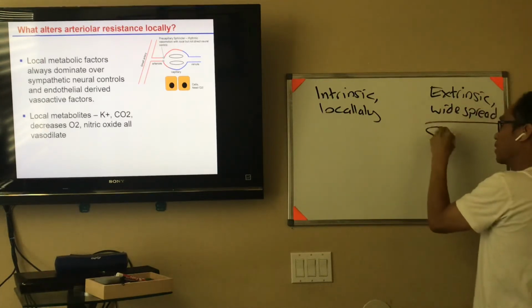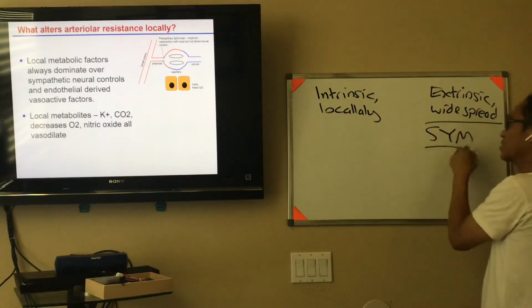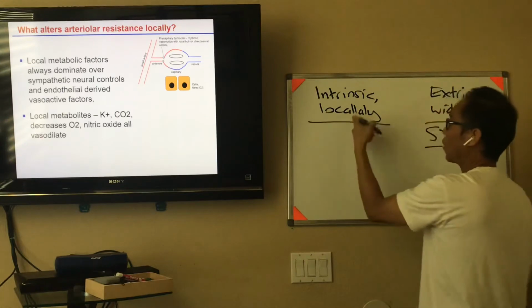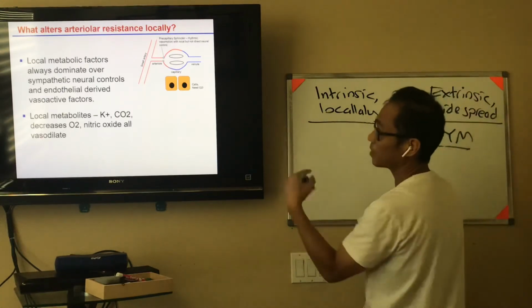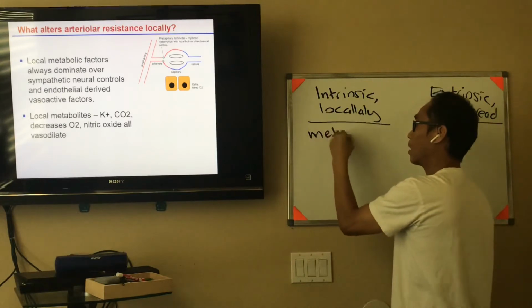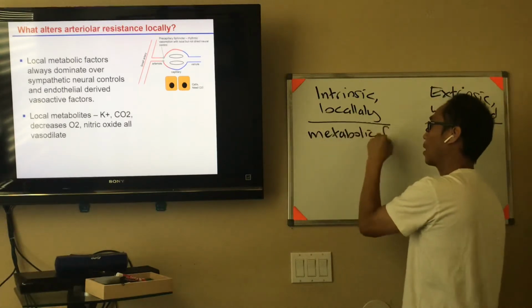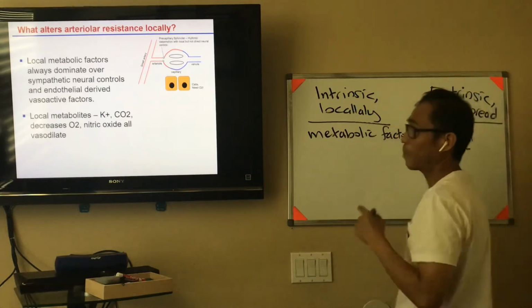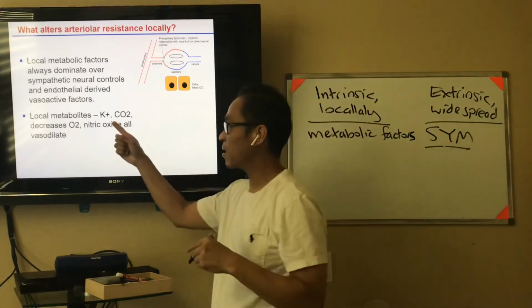And that's your sympathetic nervous system, your autonomic sympathetic response. So what I'm saying here is the local ones are determined by molecules or metabolic factors. Just stuff in the blood, molecules in the blood, metabolic factors. And I give you a few examples there.